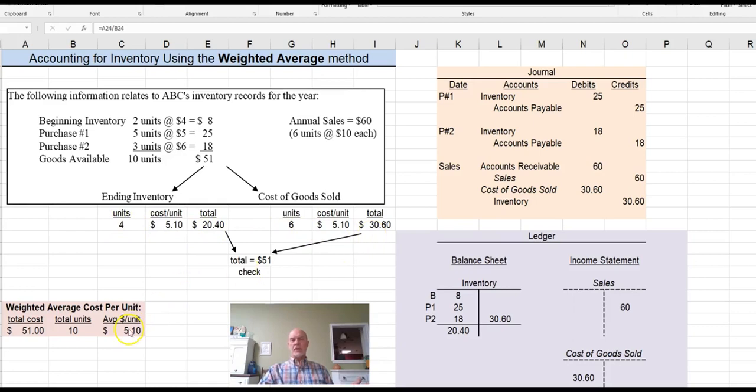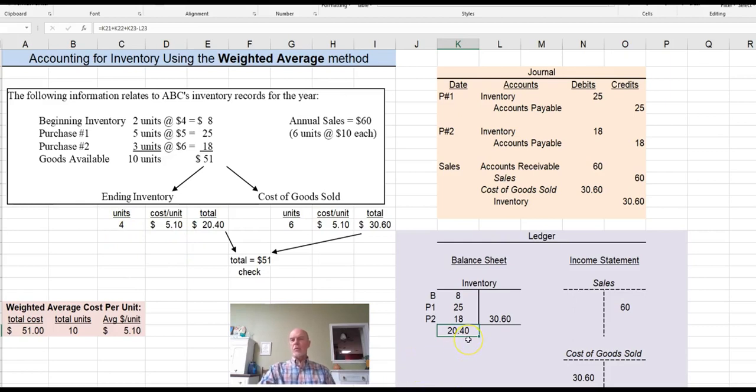So if our cost per unit is $5.10, the 6 items we sold would be $30.60, and that's what we would put into the cost of goods sold journal entry, leaving $20.40 as our ending inventory, the weighted average cost per unit times those 4 items we still have.